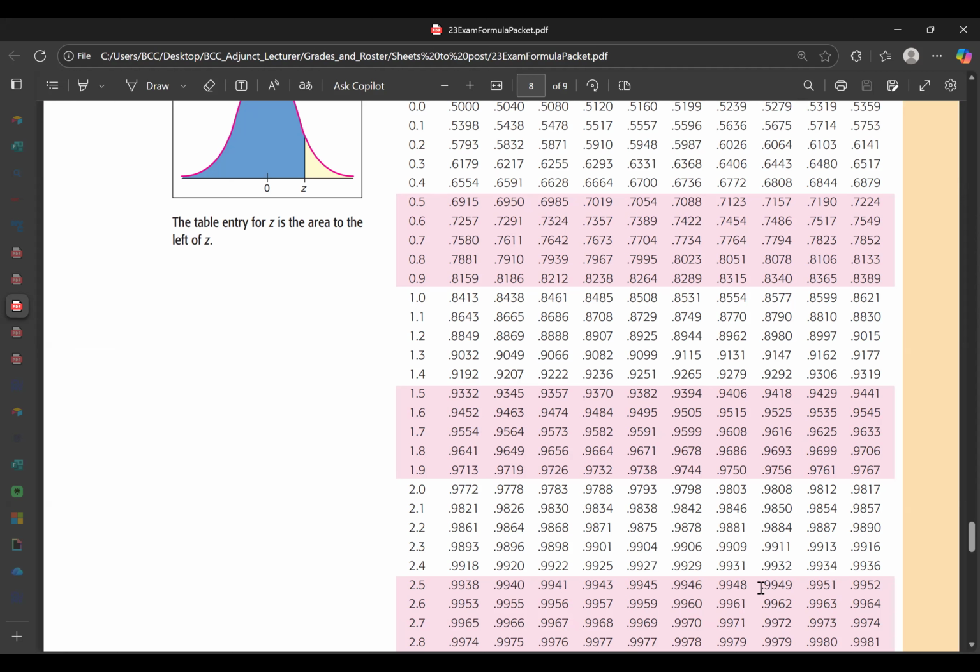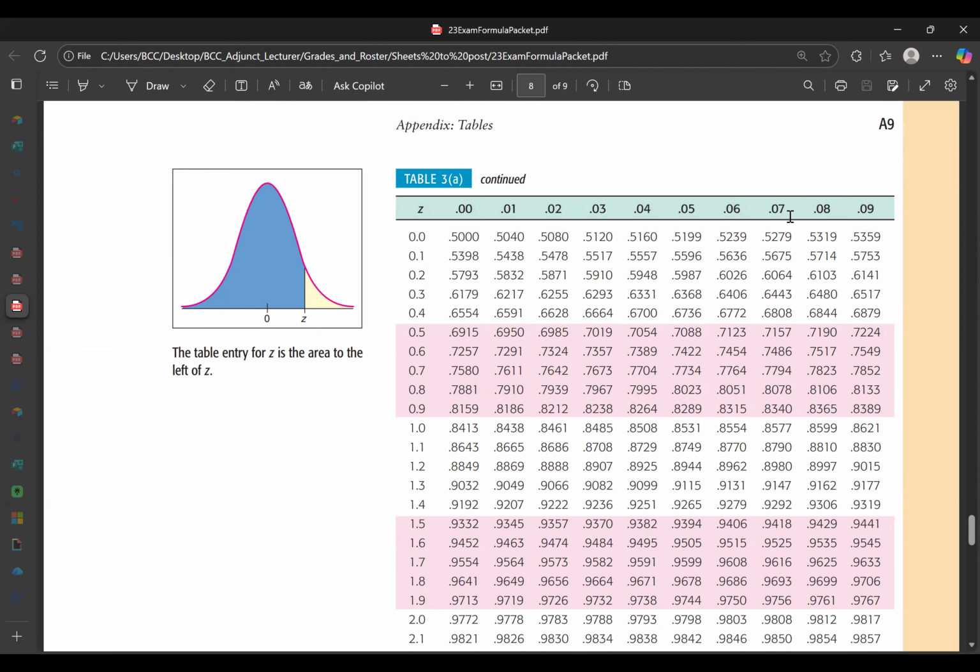So what are we doing? Look, it's 2.507, 2.508, add them together. So it becomes 2.57 and 2.58. Right here, this is the 9949 that corresponds to the 2.5 row, and scrolling up, that's the 700 for the 100th place.